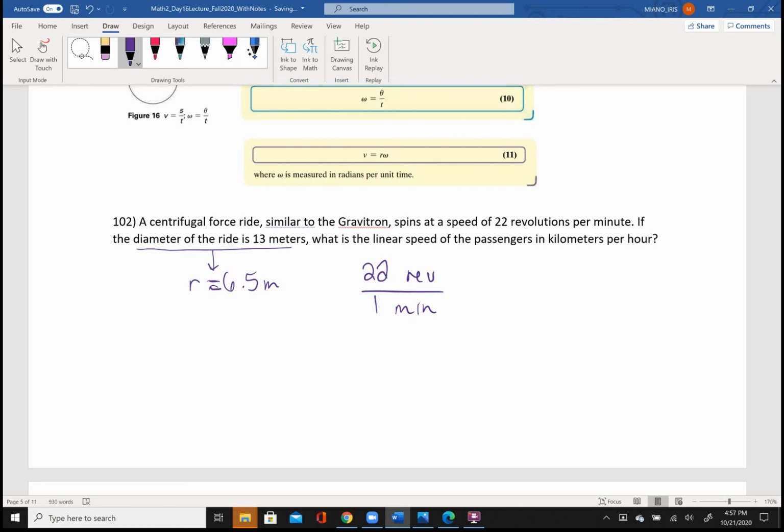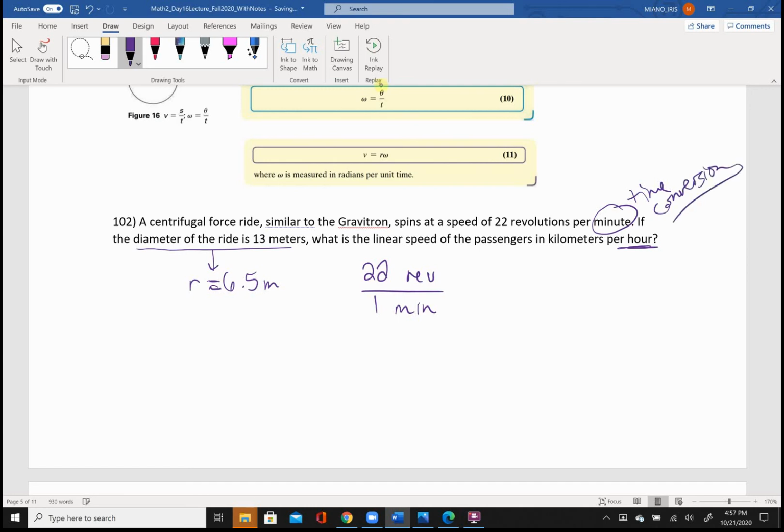We need our angle measurement to be in radians per hour, so we can multiply it by the radius. Your omega is your radians over the amount of time, and we want the time converted into hours. Notice that it's initially in minutes, so there's going to be a time conversion that needs to happen.